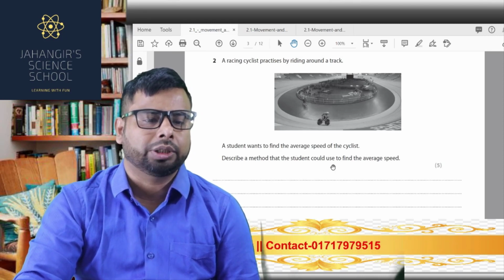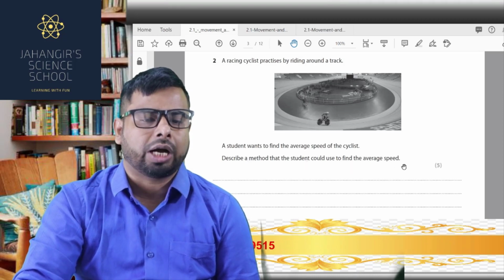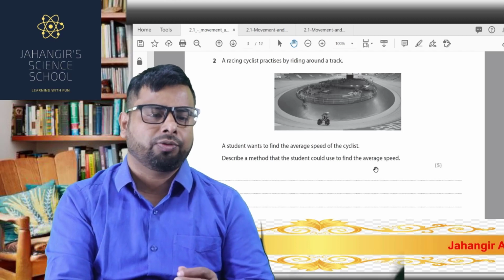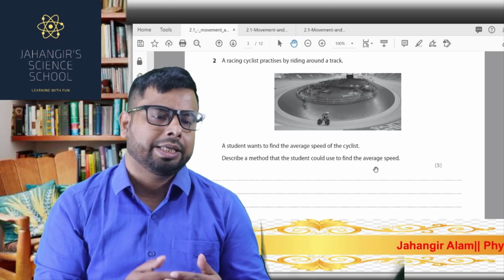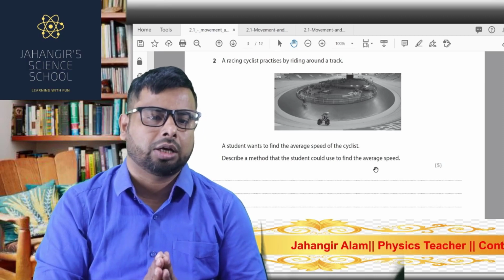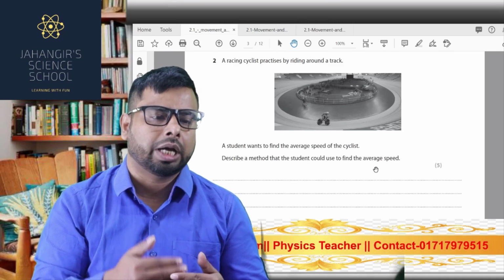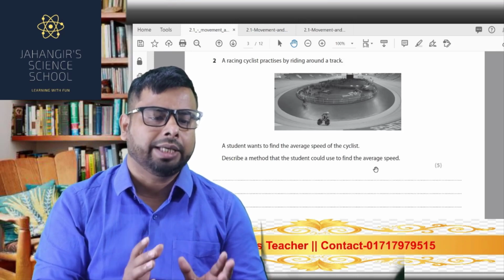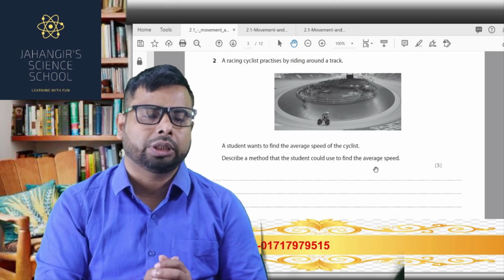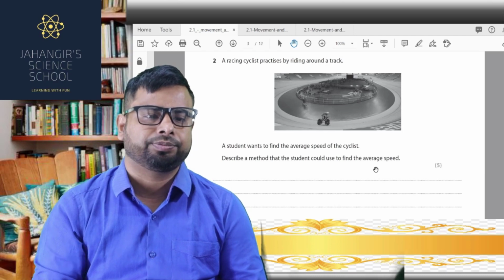Describe a method that the student could use to find the average speed. Read the question first carefully.